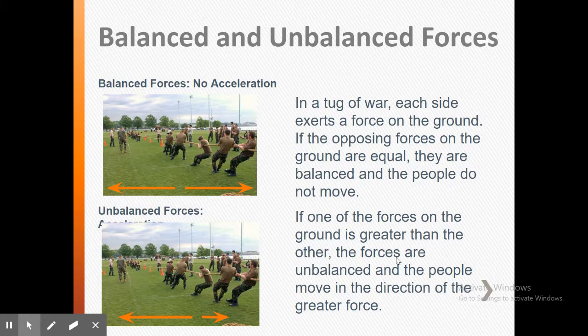So, balanced and unbalanced forces. We see the tug of war here. Balanced forces, such as the tug of war with no winner here, produce no acceleration or movement. Just like me sitting in the chair is balanced because I'm not moving either.